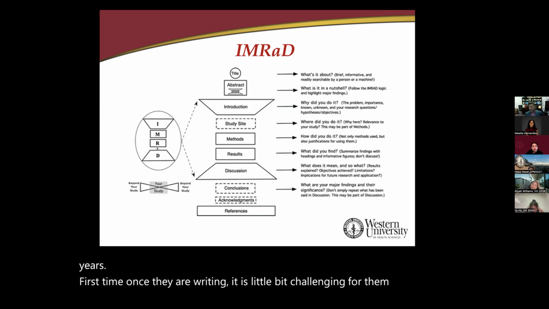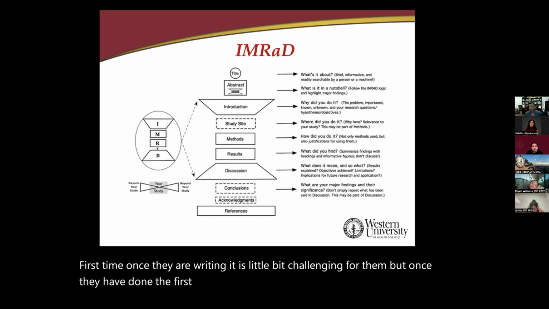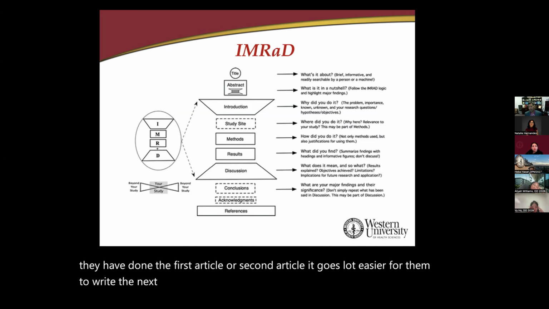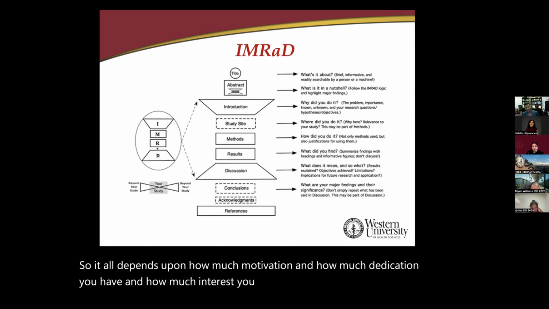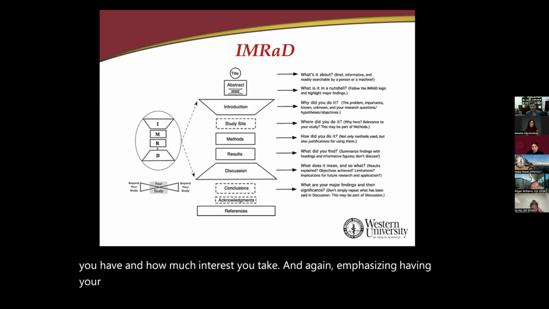But once they have done the first article or second article, it goes a lot easier for them to write the next article. So it all depends upon how much motivation and dedication you have and how much interest you take. And again, emphasizing, having your authorship in an article is a responsibility.